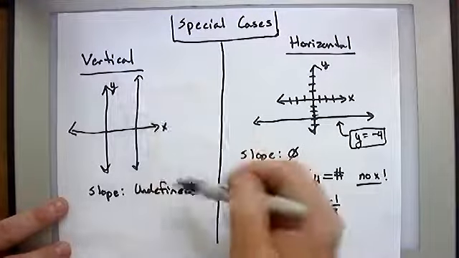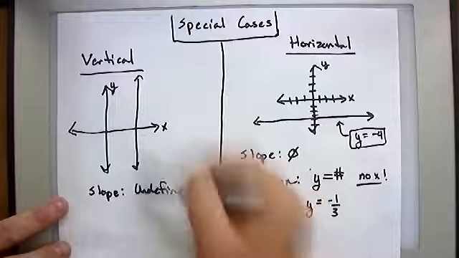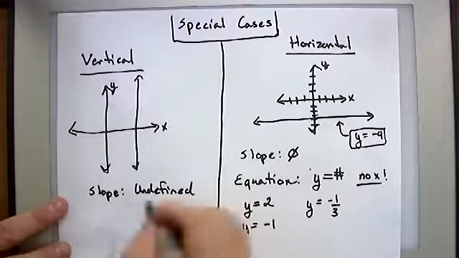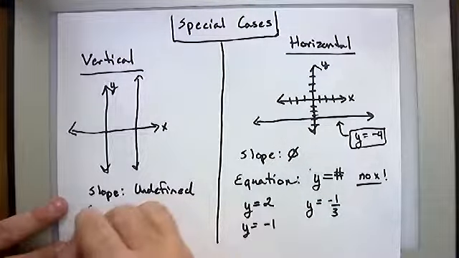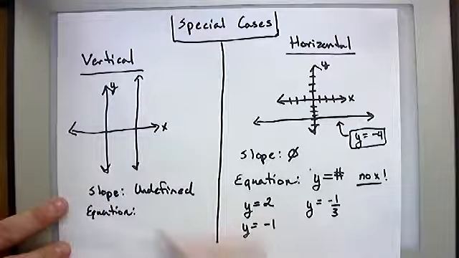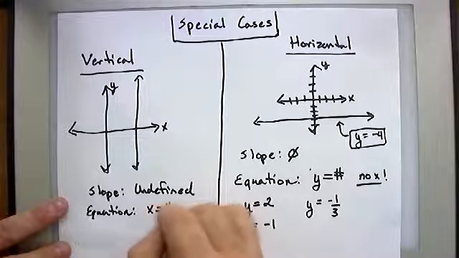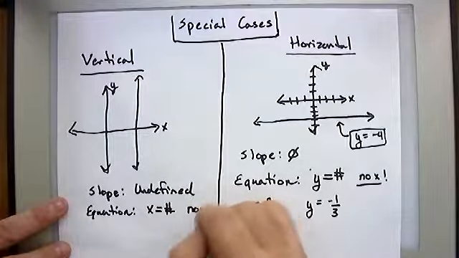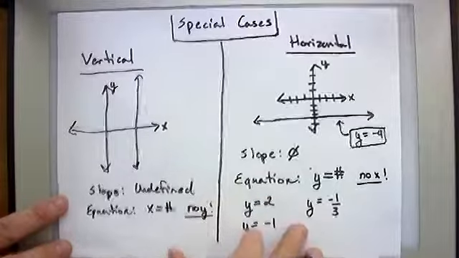The way I remember this is kind of like UV rays: undefined goes with vertical, UV. The slope is undefined, and the equation is exactly the opposite of a horizontal line. The equation here will be x equals some number, and there will be no y, and that is very important.